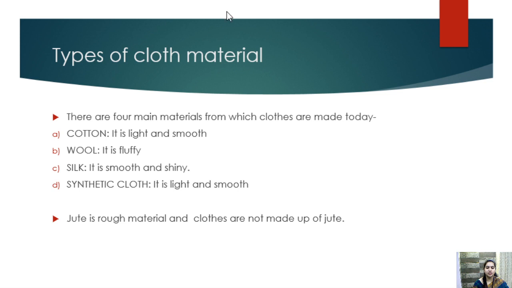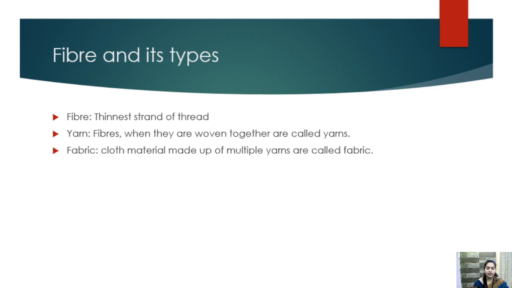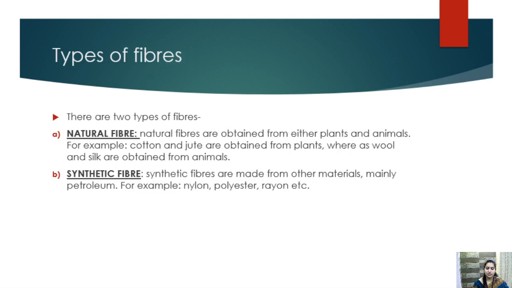So let's see the types of cloth material we have seen. Then what is fiber and its types? Here are the definitions of fiber, yarns and fabric. Then we have types of fibers. There are 2 types of fibers, natural fiber and synthetic fiber.